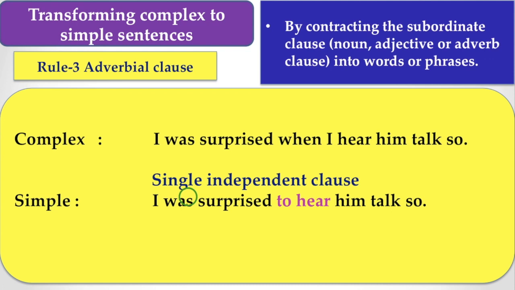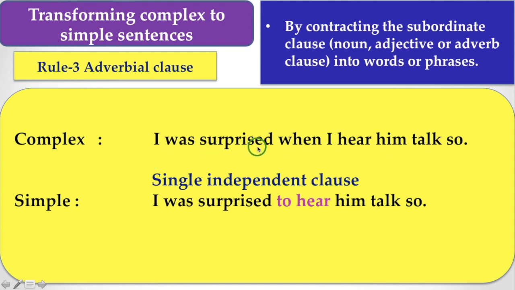Here I am going to tell you how we can convert adverbial clauses into a single clause, or into a single phrase or single word, to form a single independent clause. I was surprised when I heard him talk so.